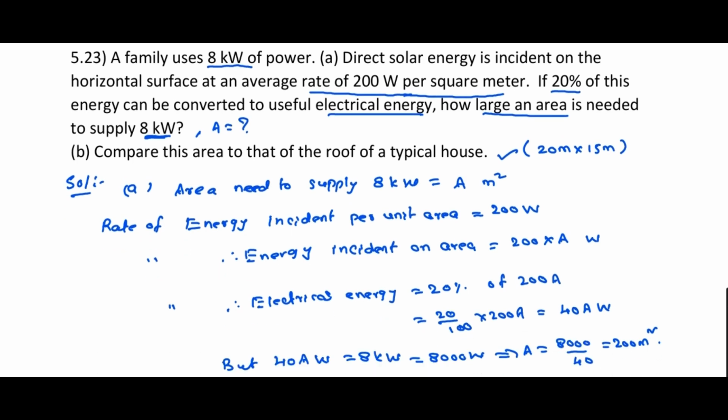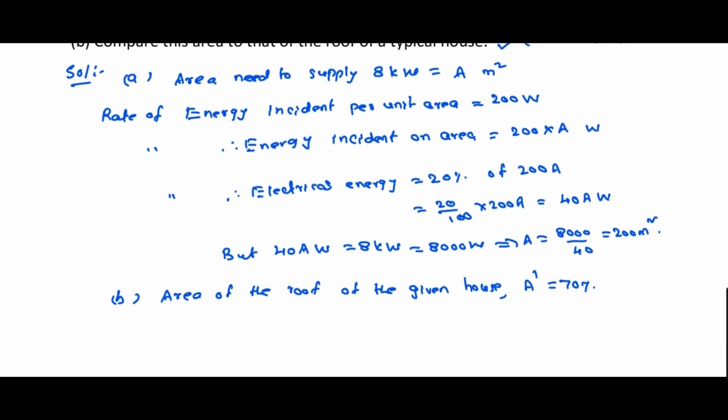So we will use this data here. So 70% of 20 meter into 15 meter is equal to 70 divided by 100 into 20 into 15. This value will be 210 meters square.